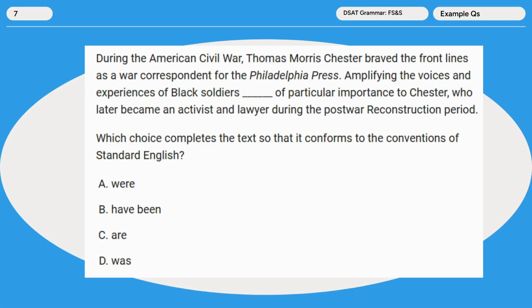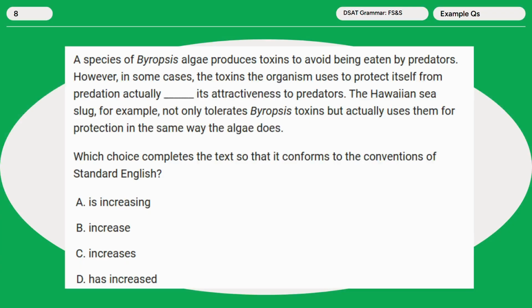And amplifying is a singular noun in this case. So were is plural and have been is also plural. So the answer we are left with is D. So amplifying was of particular importance to Chester. Does make grammatical sense, and there's no other conflicts, therefore the answer is D, was.